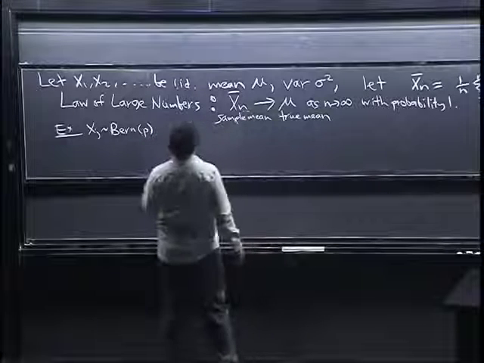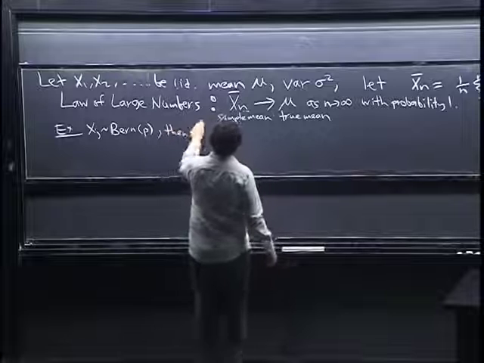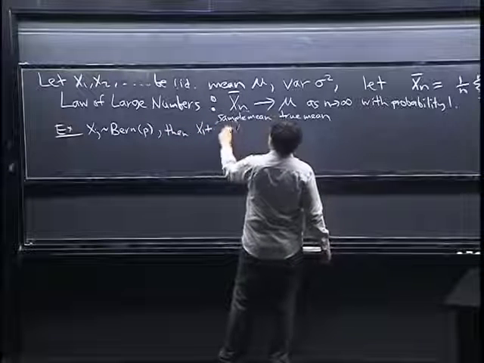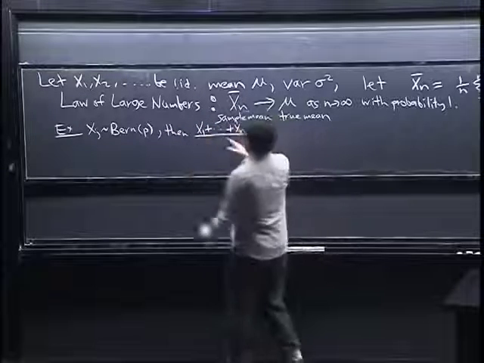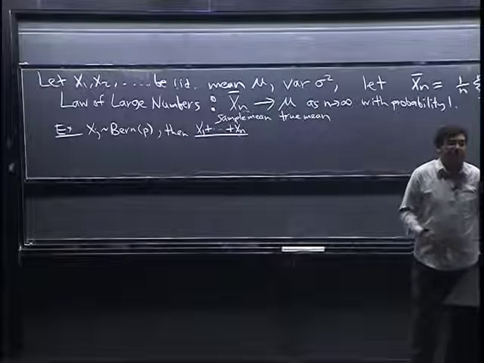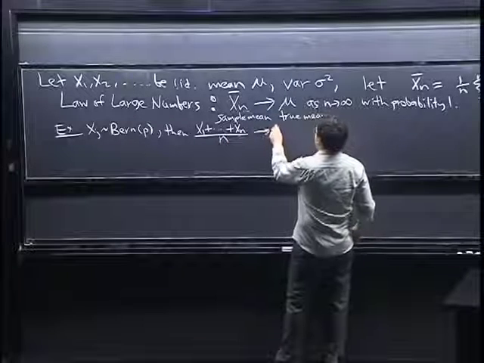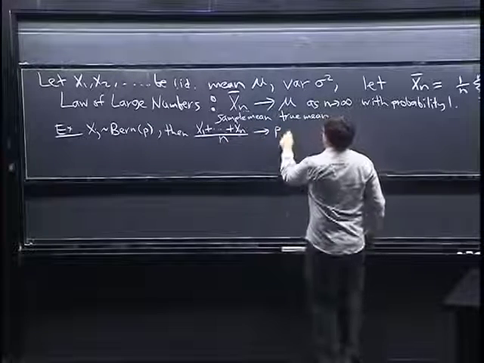And then this says that if we add up all of these Bernoullis up to n, that is, in the first n coin flips, how many times did the coin land heads, divided by the number of flips, should converge to p with probability 1.